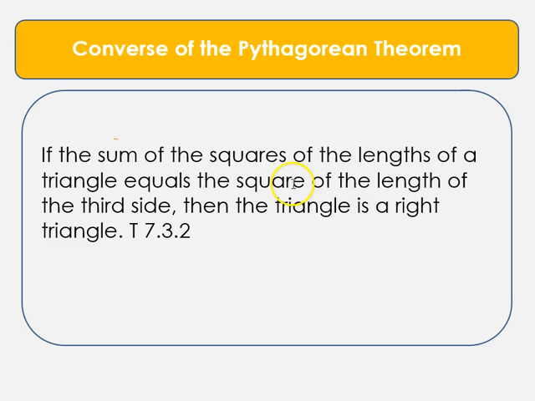So what we have here is a theorem that's reversed. If the sum of the squares of the lengths of two sides of a triangle equals the square of the length of the third side, then the triangle is a right triangle. So if you already have information that tells you that a squared plus b squared equals c squared, you have values in there and they are equal, you know that it's a right triangle.